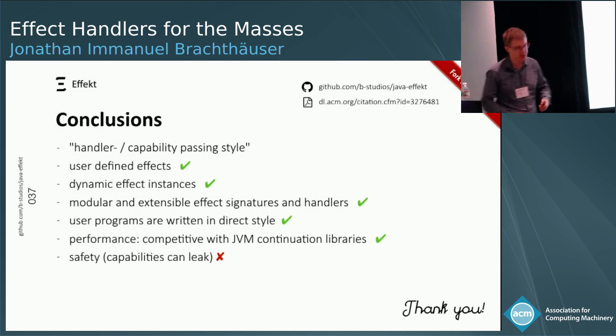Good question. So the question is, how does it relate to a recently presented work at ICFP? In the work that you mentioned, you don't need this bytecode transformation. You can just use exceptions.